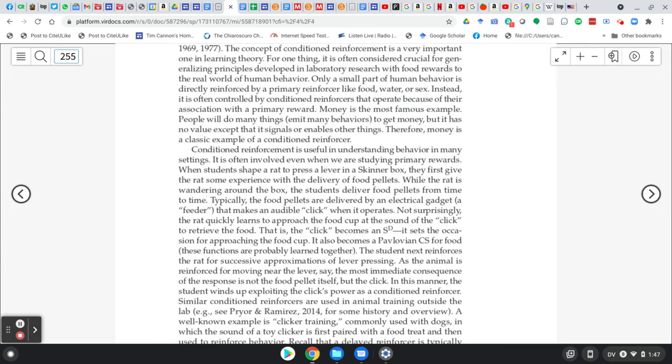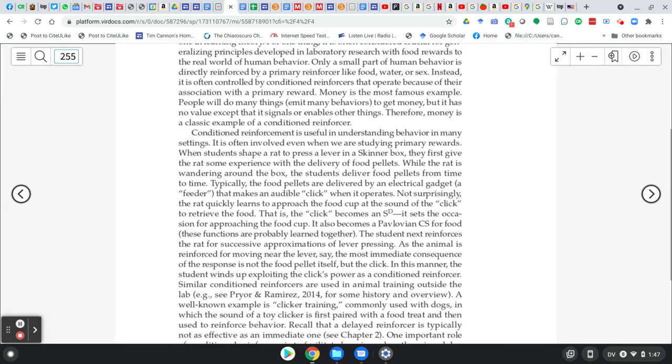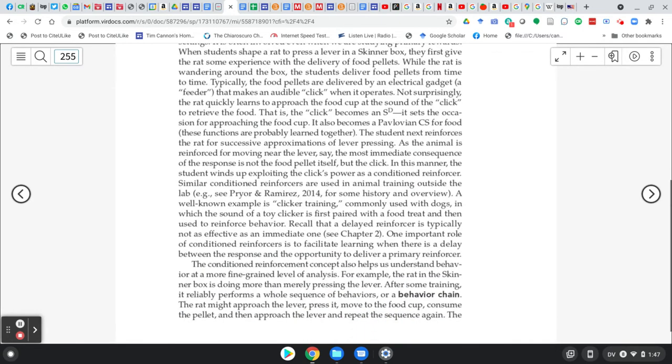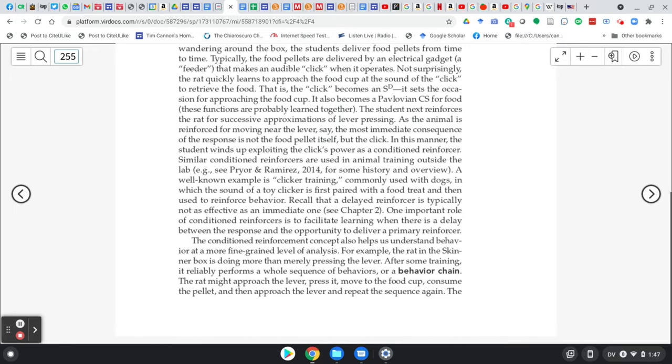And there was a surgeon who took this technique and was teaching medical students how to tie knots using it. So rather than talking and intervening and sticking your finger into the knot, he would click. And it also showed a great improvement in learning of the knot training. And there's the clicker training down below.